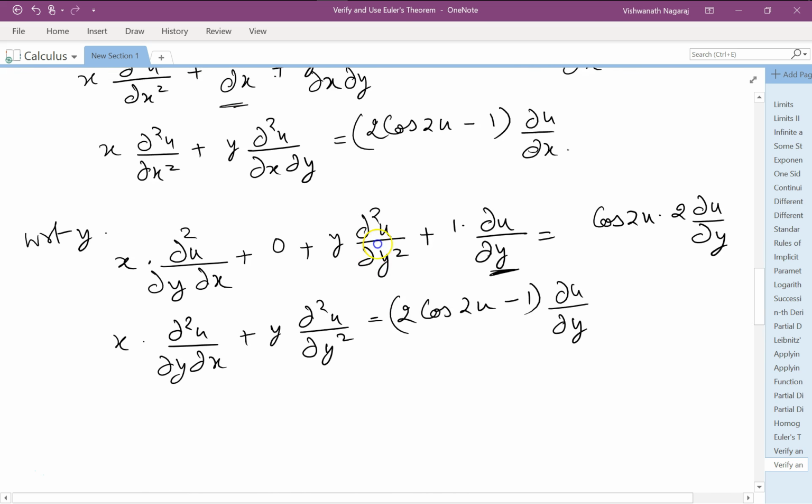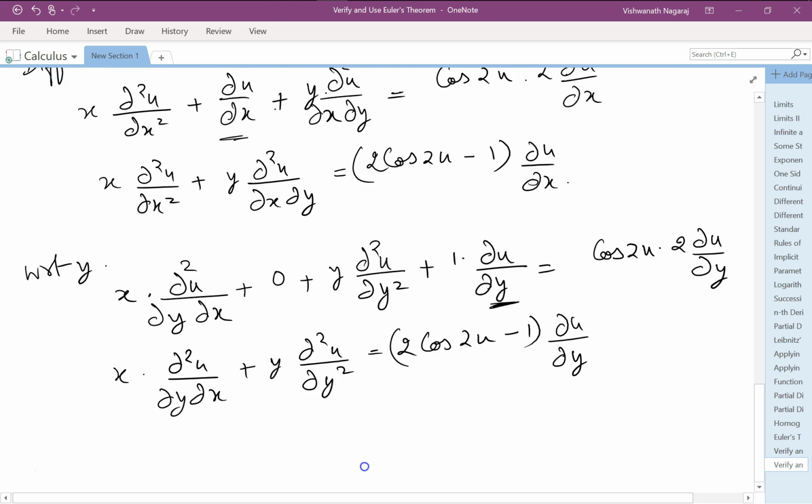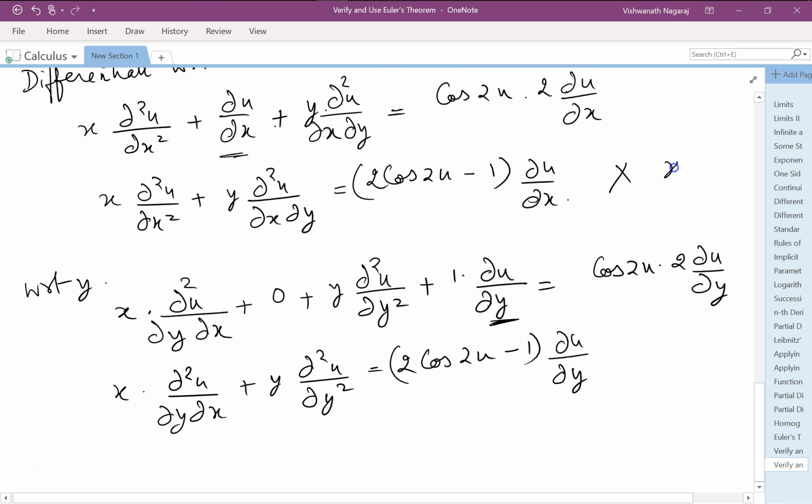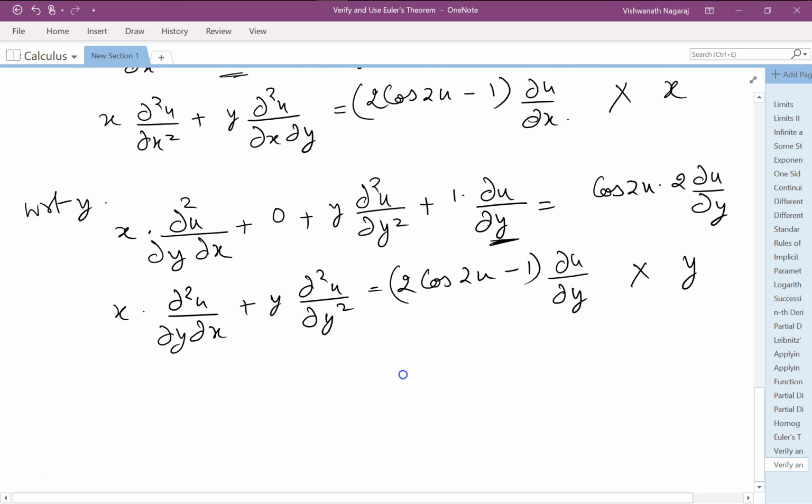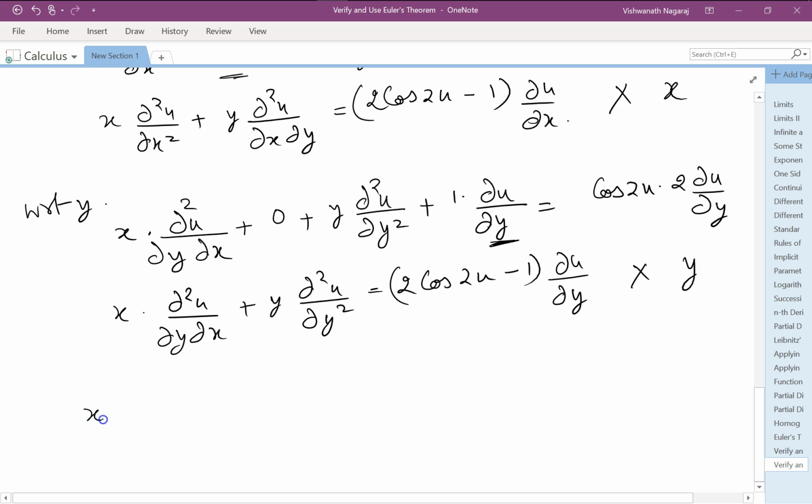Okay, so now what do we have to do? Remember, multiply this with x, multiply this with y, and then add. So this becomes x squared dou square u by dou x square plus xy dou square u by dou x dou y plus. We have multiplied the left hand side with x.